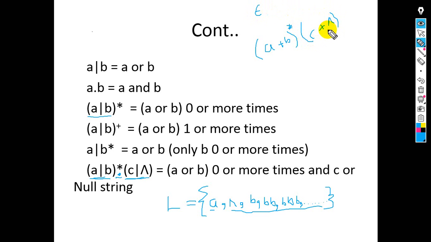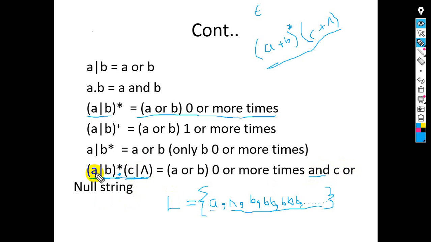Okay, so this is the general form, yeah, this is the second form of this regular expression. So what does it mean? It means that A or B, this means A or B, 0 or more times. I have explained this.